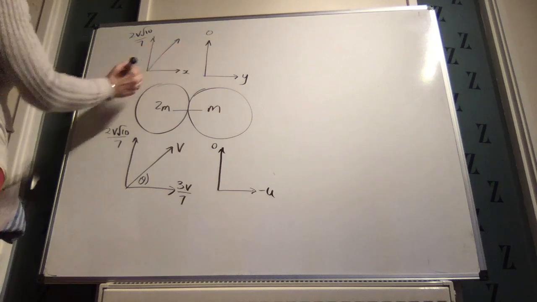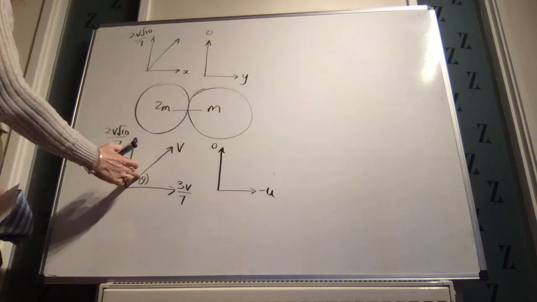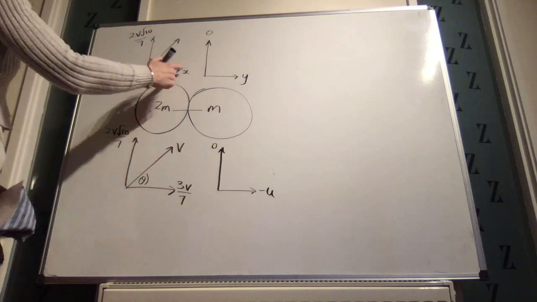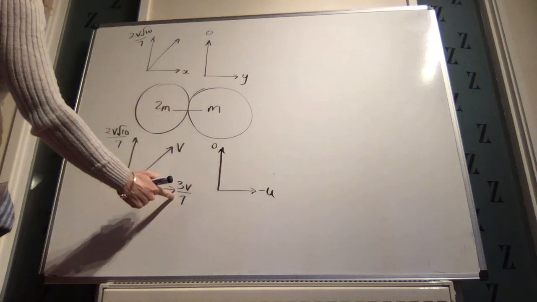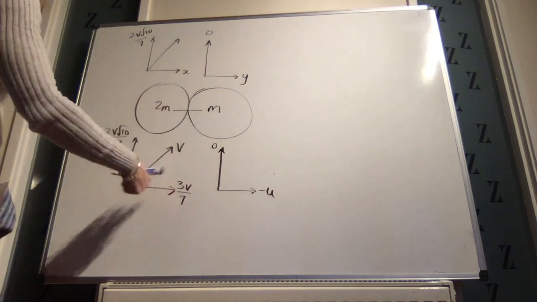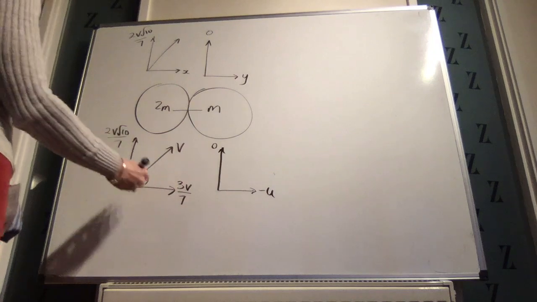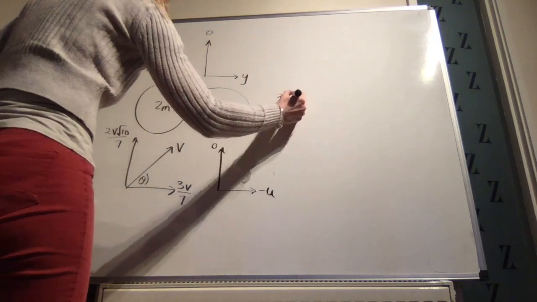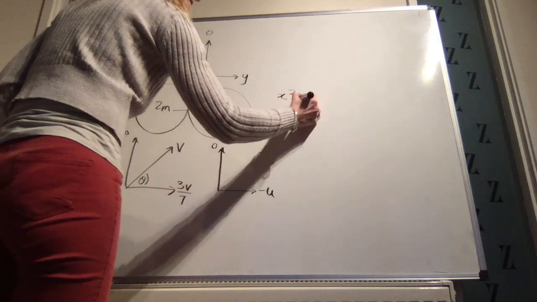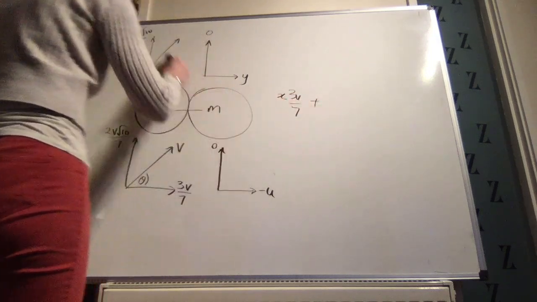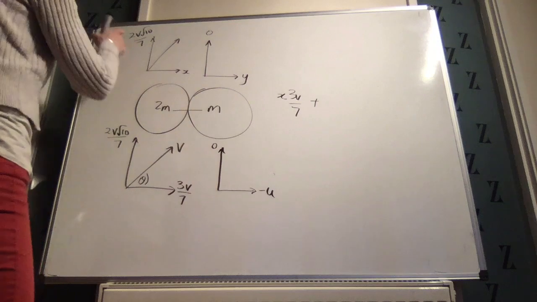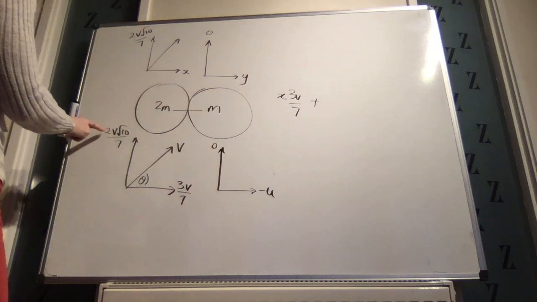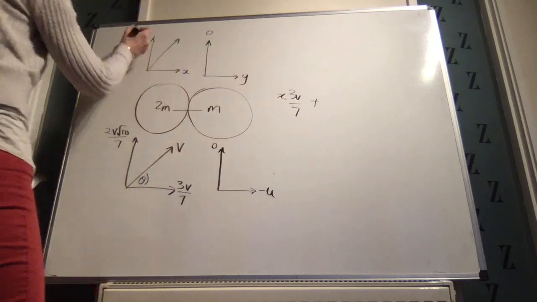We just said if two vectors are perpendicular to each other, then the product of their horizontal components, so x multiplied by 3v over 7, plus the product of their verticals, which is 2v root 10 over 7 by 2v root 10 over 7.